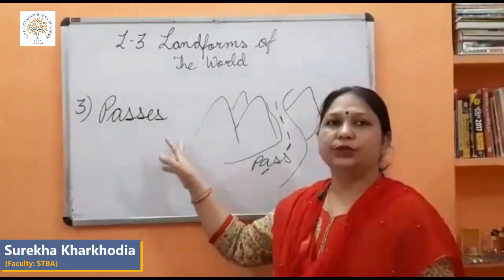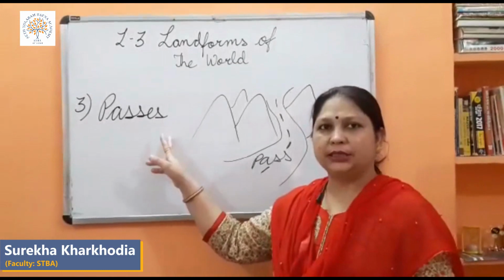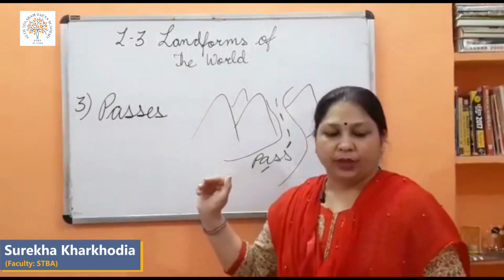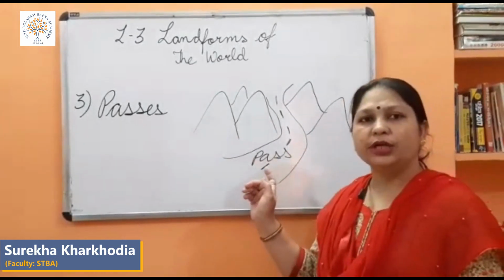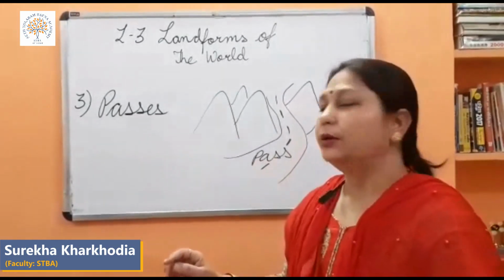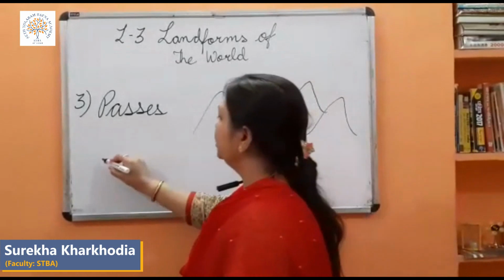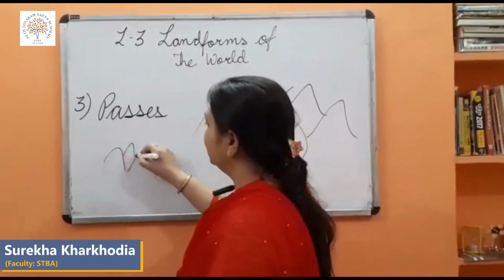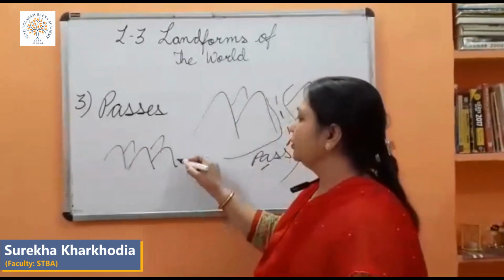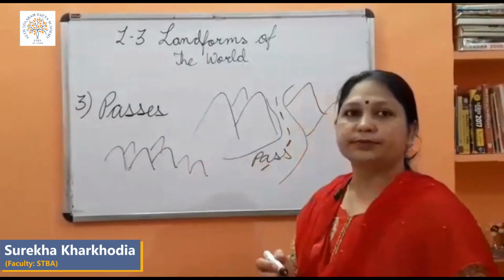After plateau, our next topic is passes. The mountain ranges are so high. Children, you know what mountain ranges are? Mountain ranges are continuous mountains. If the mountains are continuous, then they are known as mountain ranges.